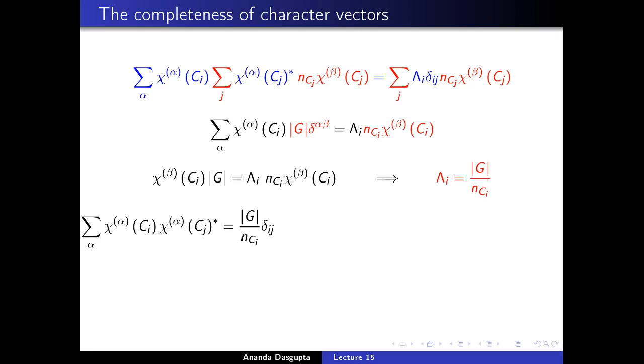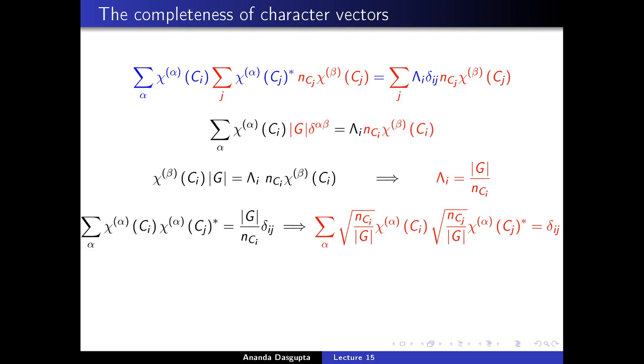We will then just move these square roots to the other side and we will end up with the formula sum over alpha square root of nci by mod g chi alpha ci times square root of ncj by mod g chi alpha cj star summed over all alpha. Note that the square roots can of course move into the sum because they are completely independent of the summation index which labels different irreps. And this sum of course has to be delta ij.